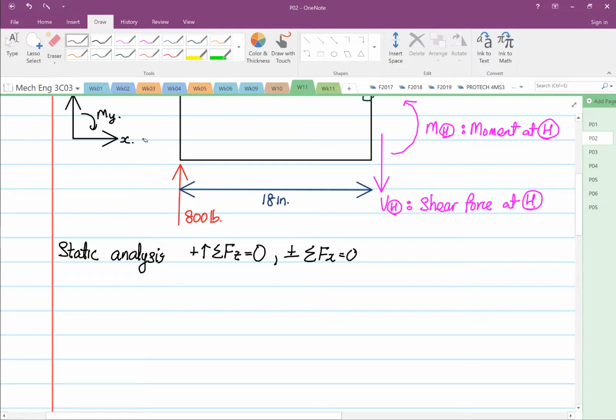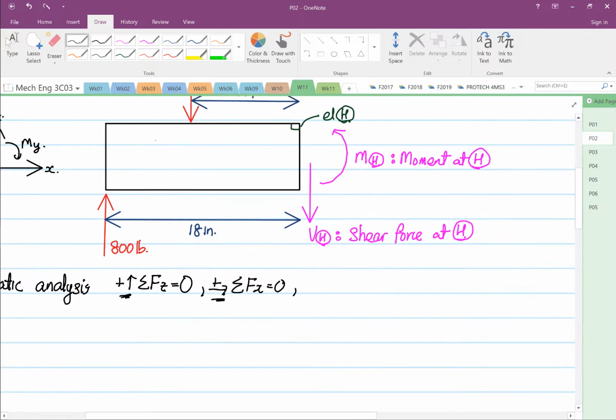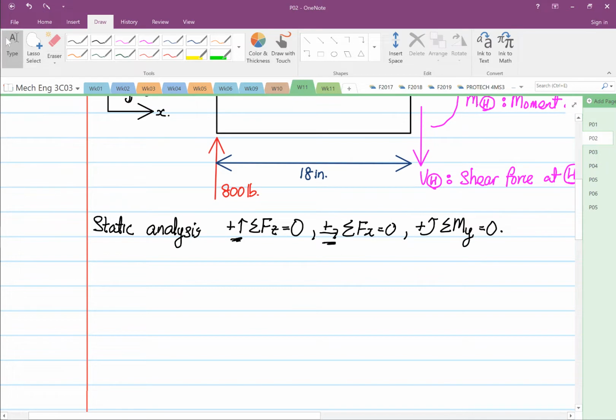The first symbol tells you which direction is positive: in z, going up is positive; in y, going to the right is positive. And summation of moment in the y direction, anti-clockwise is positive. You let all this be equal to 0. That is what we mean by static analysis.